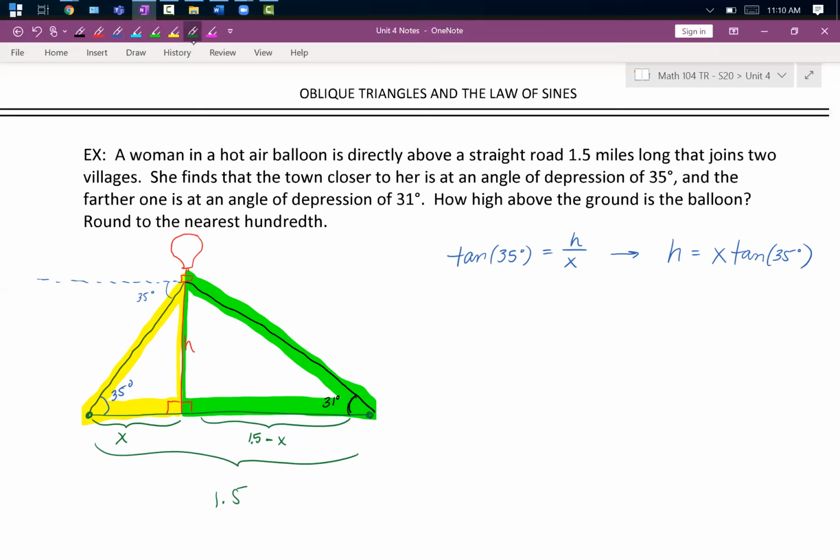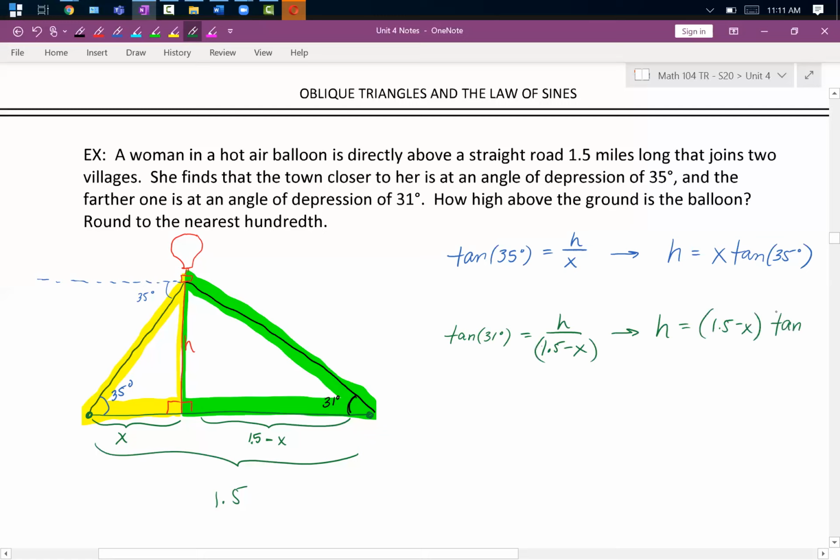We look at our green triangle. Again, the height is the opposite side and the bottom is our adjacent side, so that's tangent. Tangent of 31 degrees is equal to h over 1.5 minus x. And I can multiply both sides by this denominator, and that's going to give us h is equal to 1.5 minus x times tangent of 31.